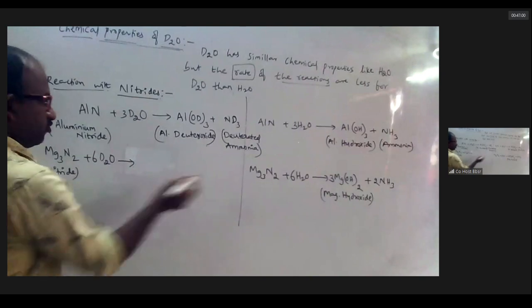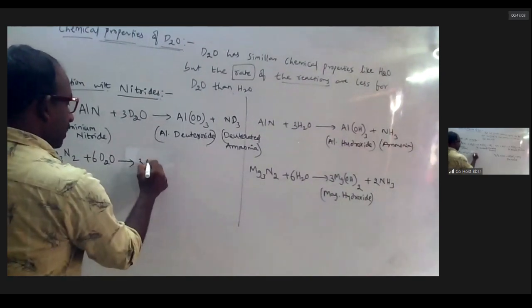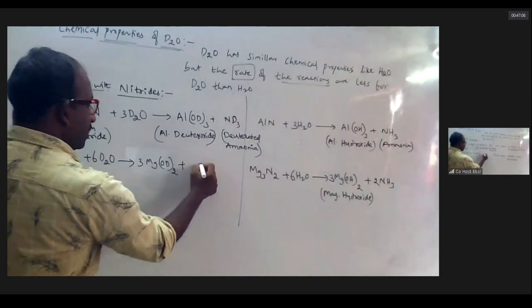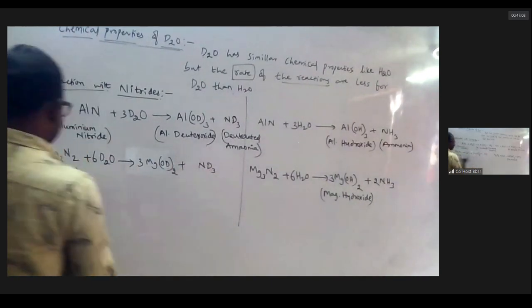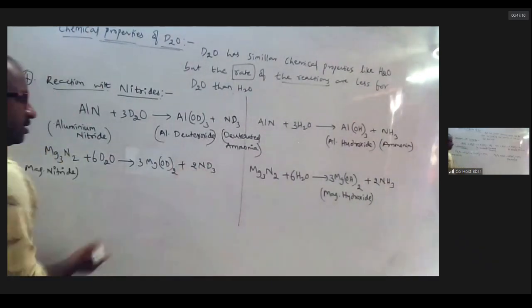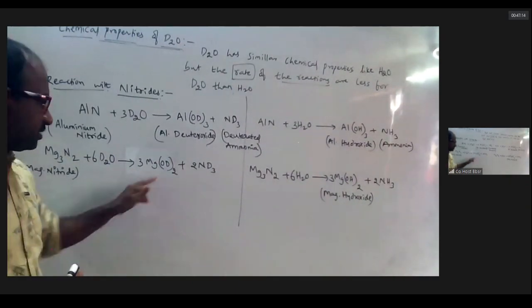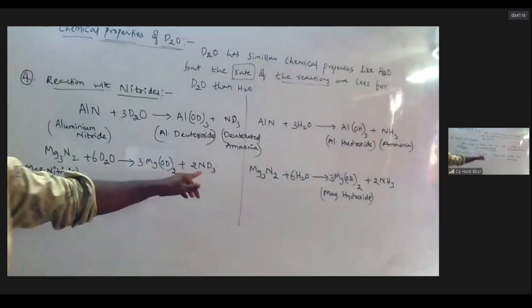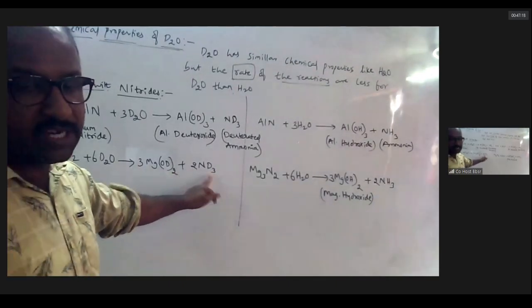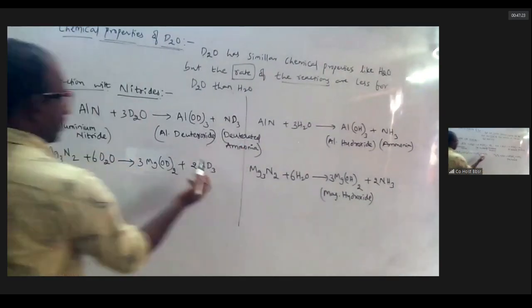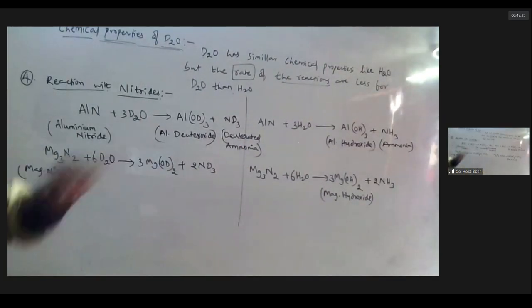With 6D2O you get 3 Mg(OD)2 plus 2 ND3. This is magnesium deuteroxide and deuterated ammonia. ND3 means deuterated ammonia. Balanced or not?